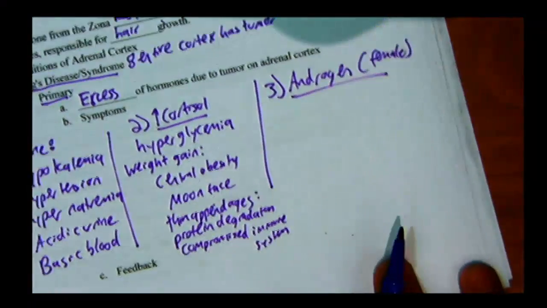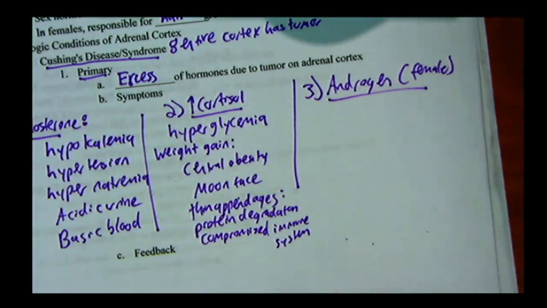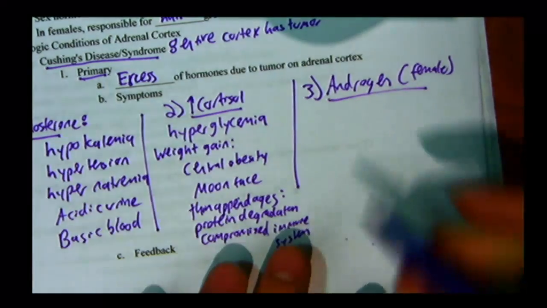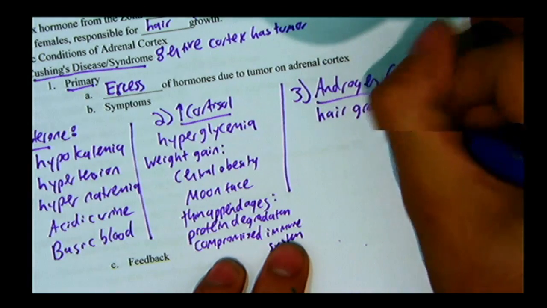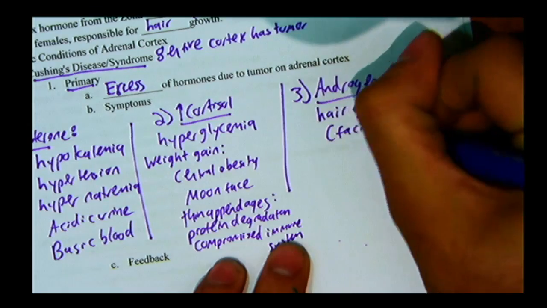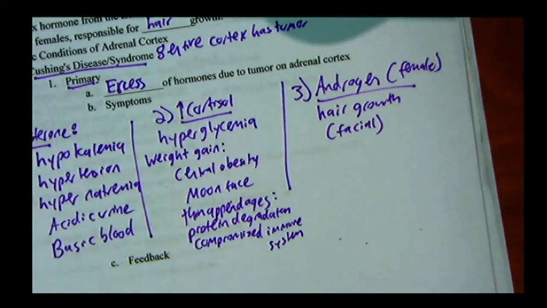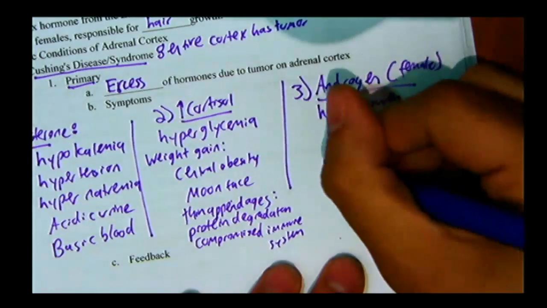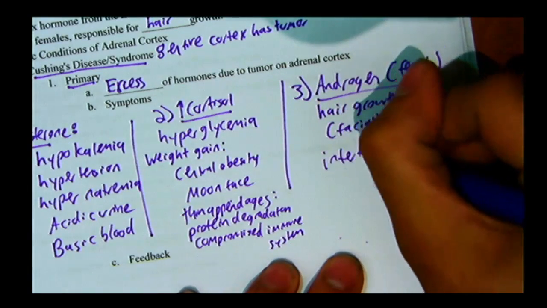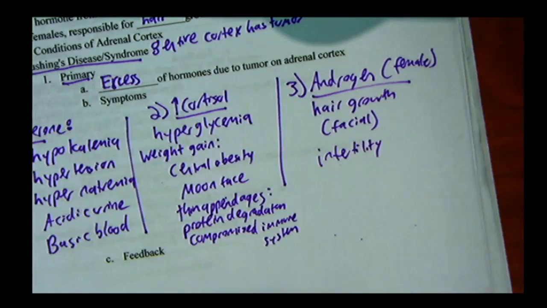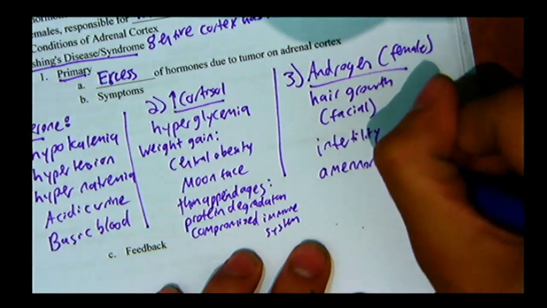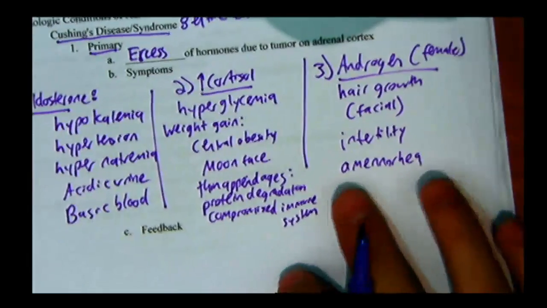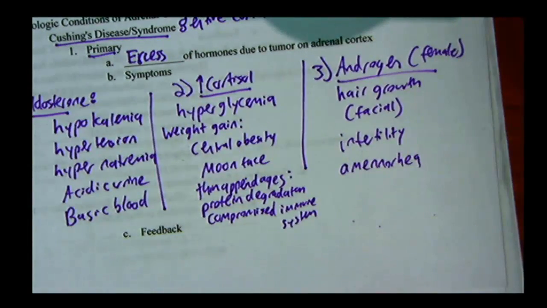What about the menstrual cycle? Is that going to be happening? No. So I'm just going to put amenorrhea. That just means you're not having a menstrual cycle. So with Cushing's, you're going to see all of these symptoms. With Conn's, it's just these symptoms. Is that making sense? Cool. She loves asking a million questions about Conn's and Cushing's to make sure you know the difference. So if anyone doesn't understand, definitely let me know at some point.